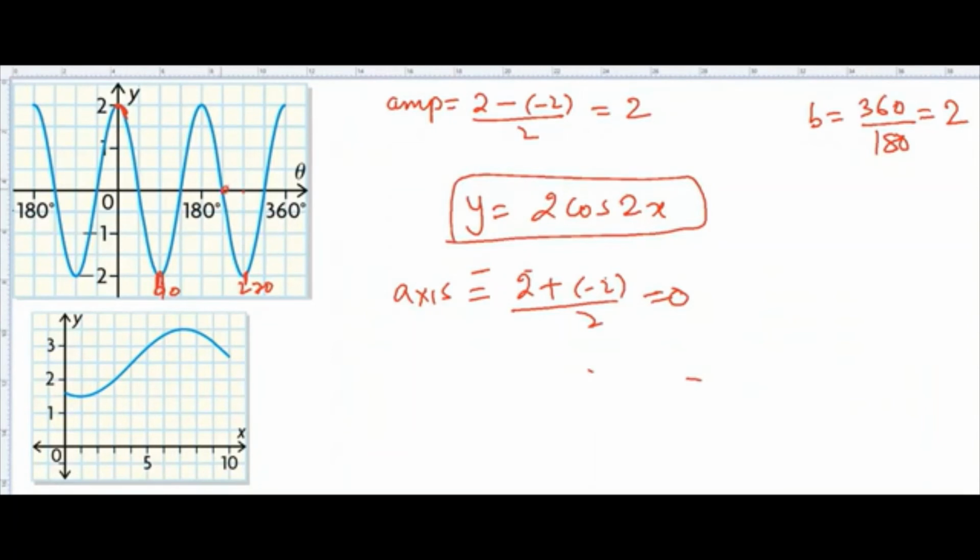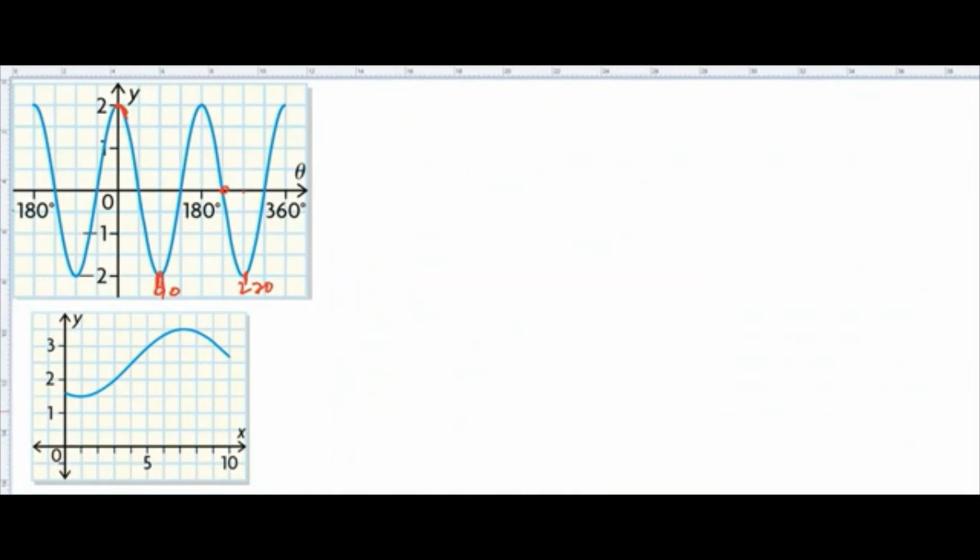You can verify any point. You can verify this point here. And the final one. Your equation for this, again there is a phase shift here, but I will assume that this line is at minimum.